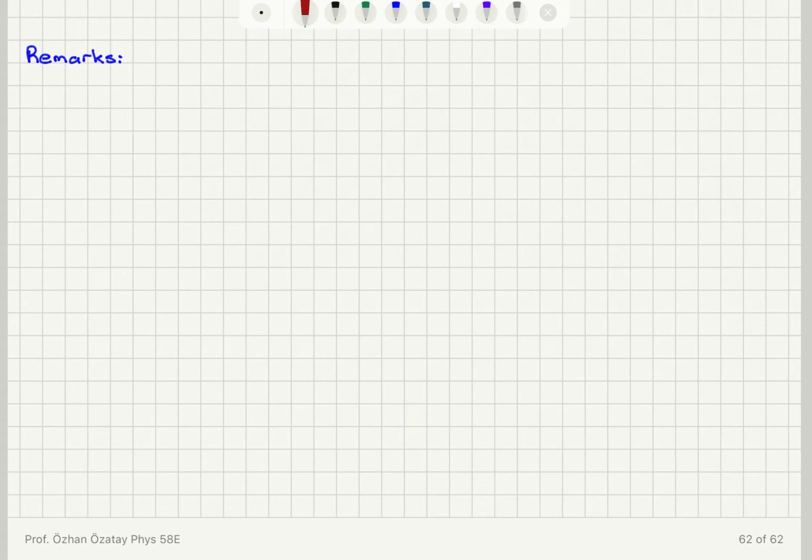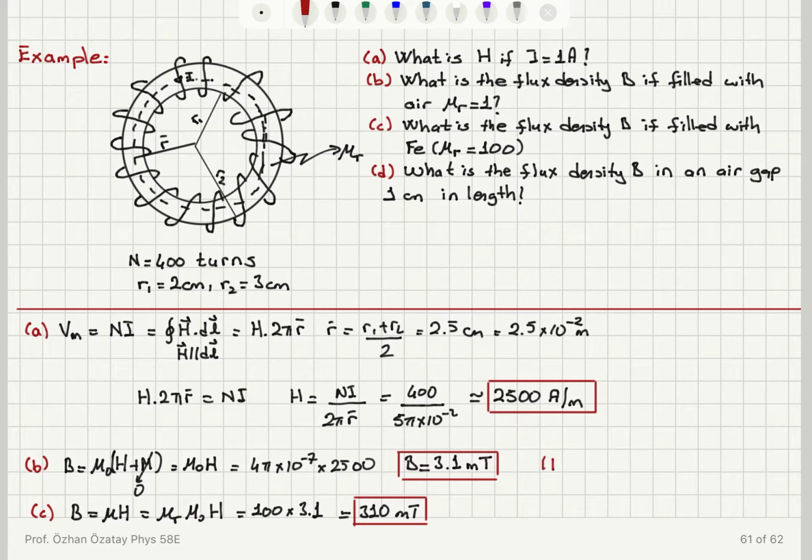And for part D, let's do that here. What is the flux density in an air gap? Okay, so if I put an air gap, the magnetomotive force I have to rethink. So in part D, the reluctance has changed.